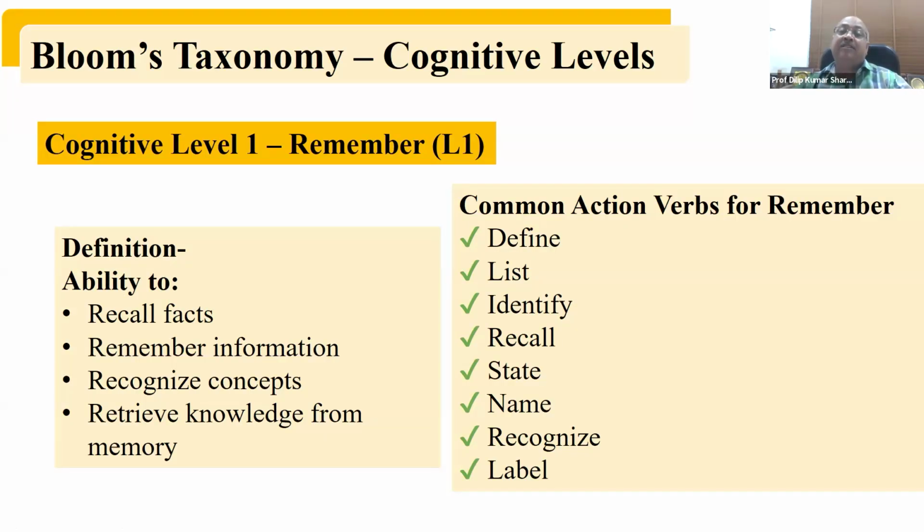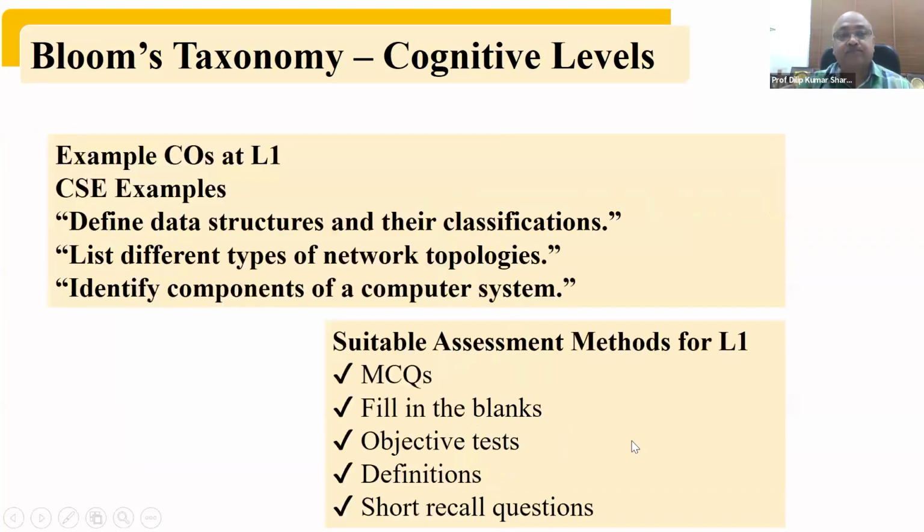So for level 1, you can use these words to write the questions: define, list, identify, recall, state, name, recognize, label, like that. So these all are part of cognitive level 1, remember.